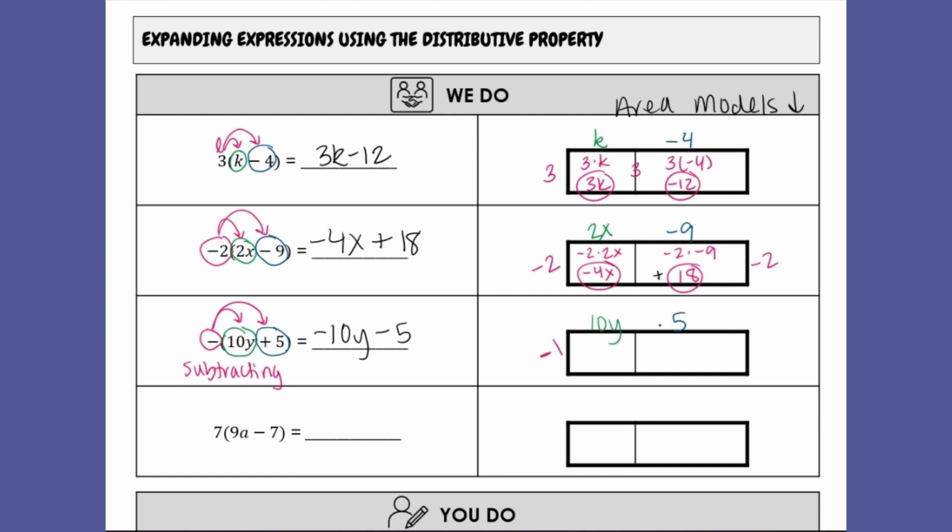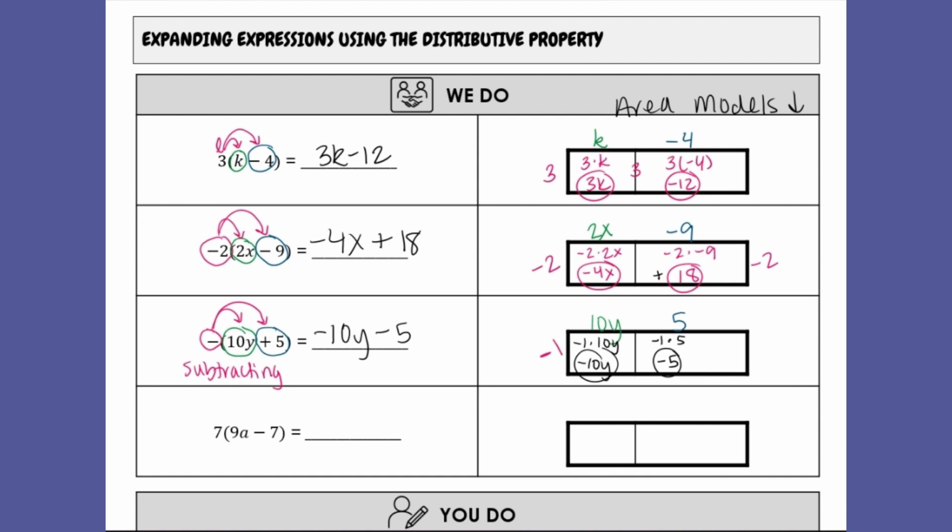You don't need to write plus 5 because it's already a positive 5, but feel free to write it there if that helps you. When you multiply, you get negative 1 times 10y, which is negative 10y, and negative 1 times positive 5, which is negative 5. So when you're multiplying by negative 1, you're just changing the signs of what's in the parentheses. You can also think about it as subtracting everything in the parentheses, which also just changes the sign.